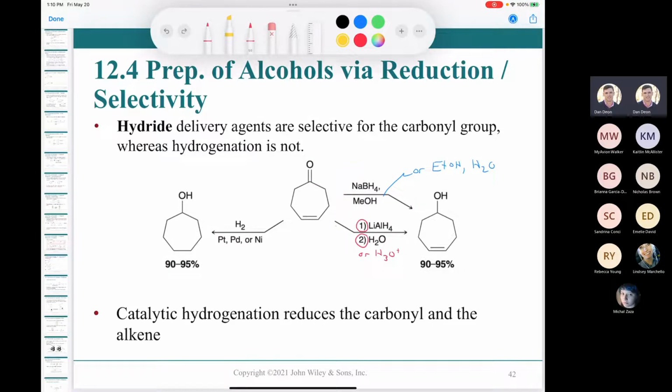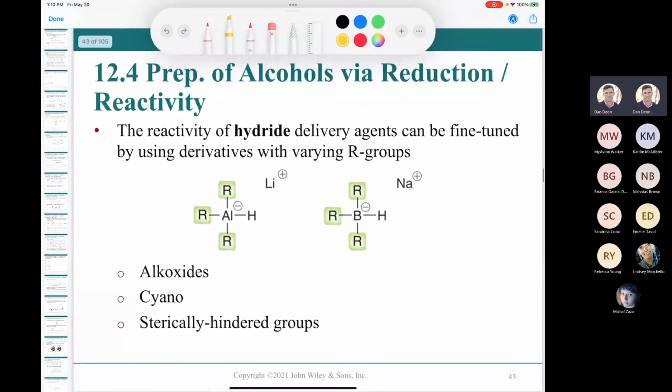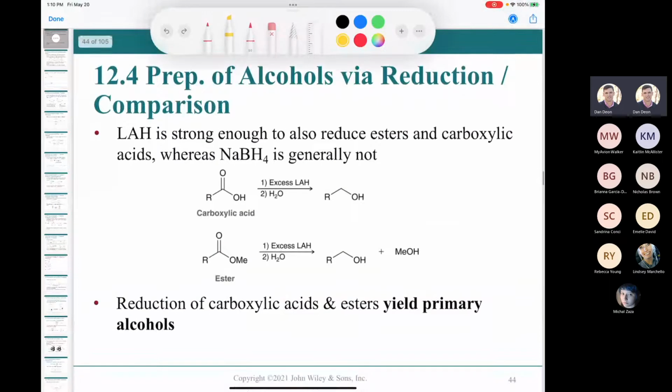Those are three of the major reactions that were covered in those YouTube videos. Another thing I want to mention before we move into new content is that lithium aluminum hydride is so strong as a reducing agent that it can also reduce esters and carboxylic acids.